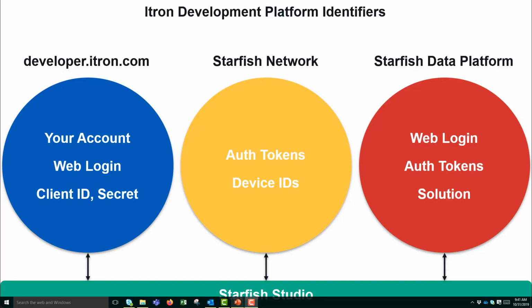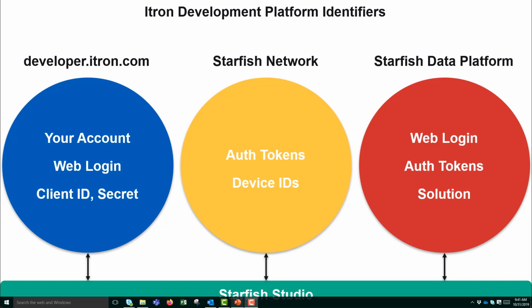For each of the components of the Itron Development Platform, there are various identifiers that you use to identify your account and authenticate you to the various systems. Within the developer portal, there is your account that has a web login that you use to log into the developer portal each time you visit it. And also associated with your account are a client ID and a client secret.